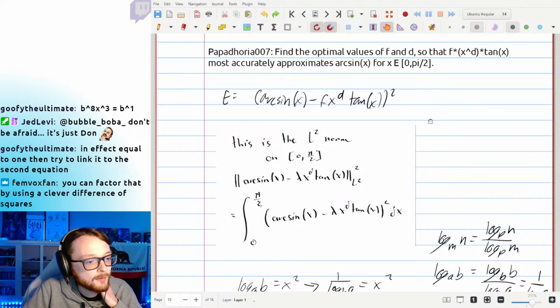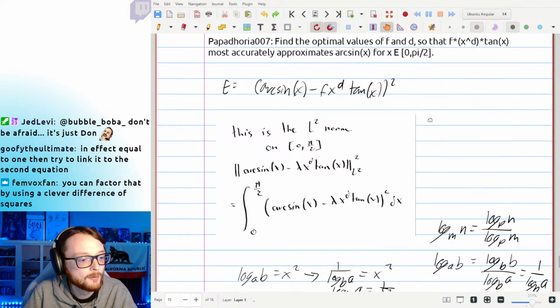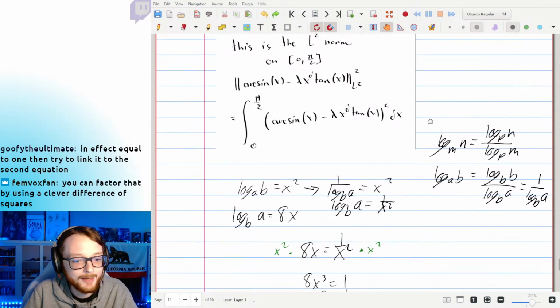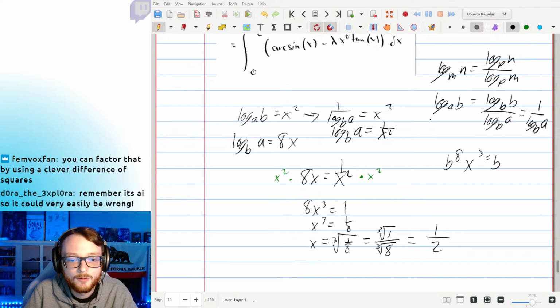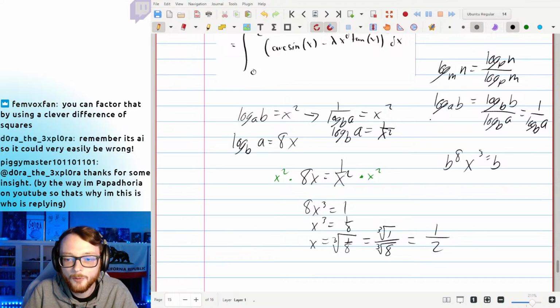B to the 8 x cubed equals b to the 1. Yeah, Dora, that's true. Wait, b to the 8 x cubed equals b to the 1. I don't know where this is coming from.